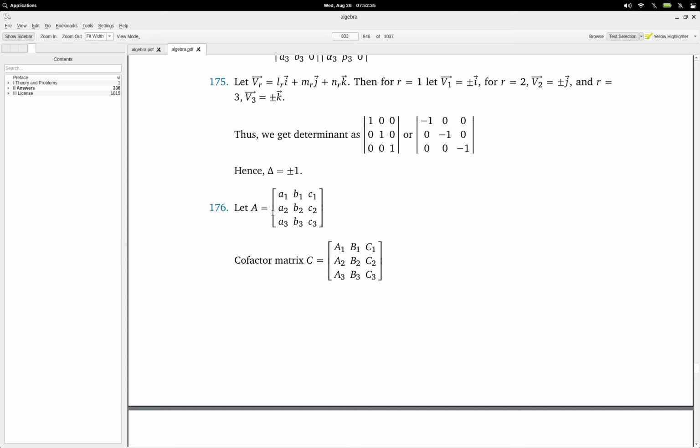So we have this matrix a1, b1, c1, a2, b2, c2, a3, b3, c3, and the cofactor matrix will be the capital version of that.